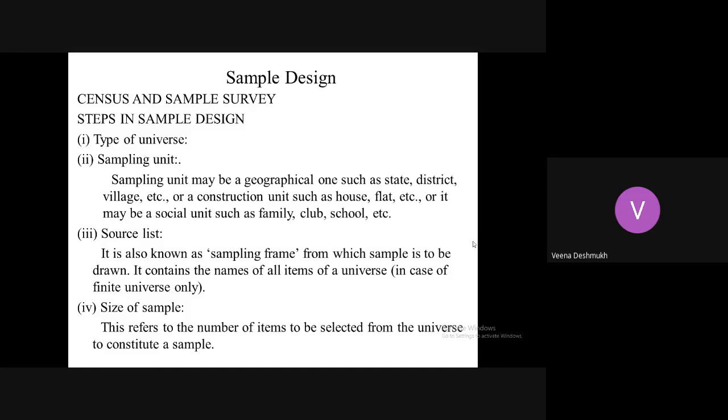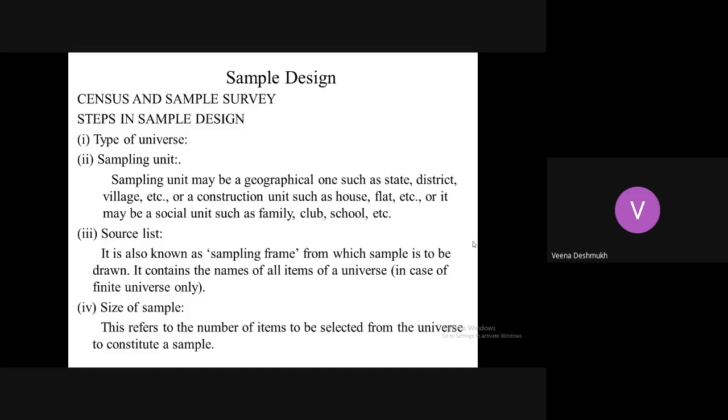So the sampling unit in this case is a geographical one. For this, parallel data collection is done, and depending upon the age band selected, we are going to conduct it.